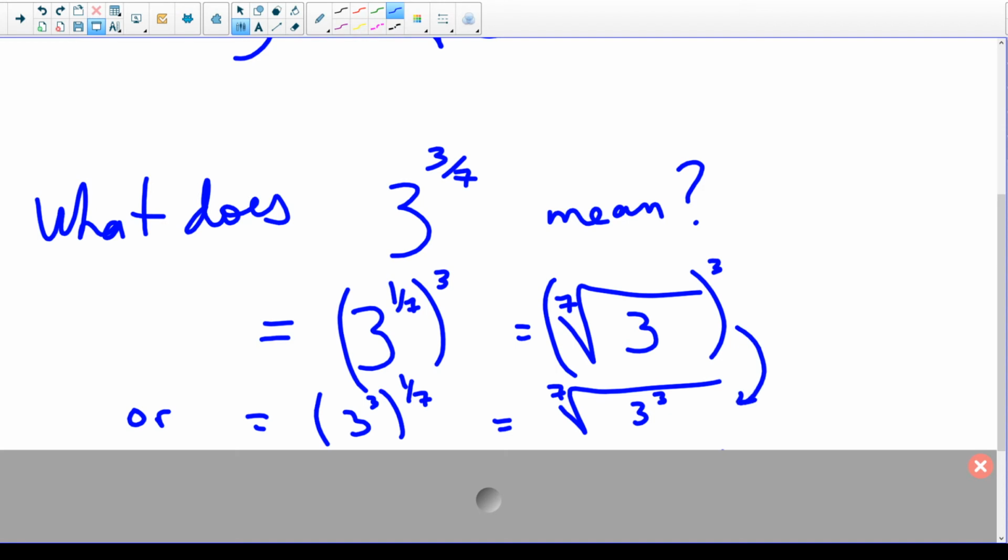So both of these are interchangeable. I don't like the second one. I almost always exclusively will use the first version. I just prefer to see that it's an outer power. The inner power just bothers me. But it really doesn't matter which way you do it.